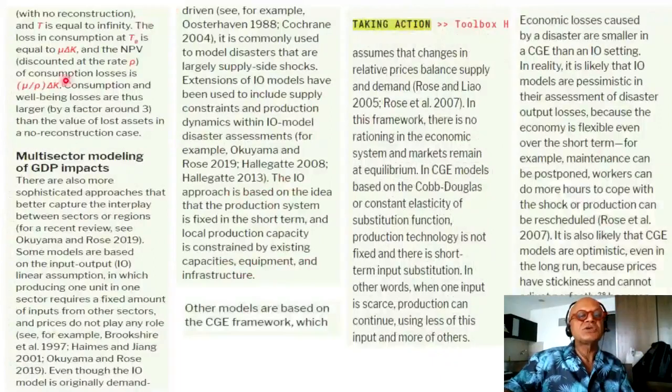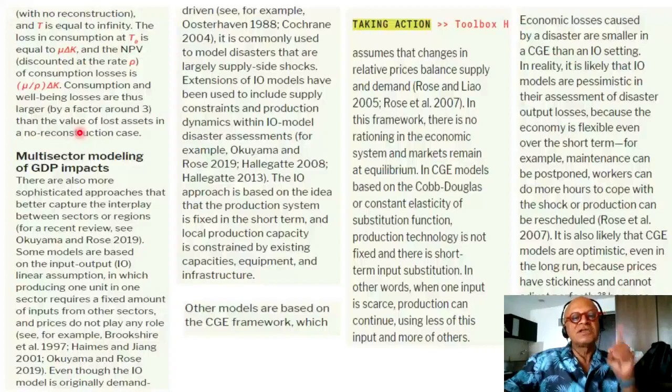With no reconstruction and T equal to infinity, the loss in consumption at t equals mu delta K, and the net present value discounted at the rate rho of consumption losses is mu over rho delta K. Consumption and well-being losses are thus larger by a factor of around 3.